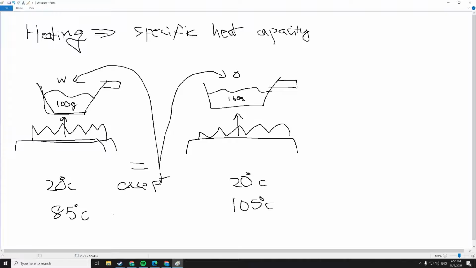And so after an equivalent time of heating, after 5 minutes, for both of them, the pot of oil has actually heated more, even though it was getting the same amount of heat, same amount of mass, everything, right? But its temperature is higher, but the temperature of the water is lower.